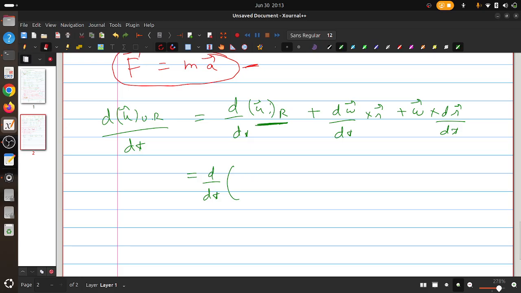Let us write it in terms of velocity components only, because it is in the rotating frame, the primed velocity component and then the basis vector in the primed frame. That's why it makes sense. And then we can write this one as omega dot cross r. This term is there because if my omega is not fixed, if there is no constant angular velocity but the angular velocity itself changes with time, that's why we have this term here.